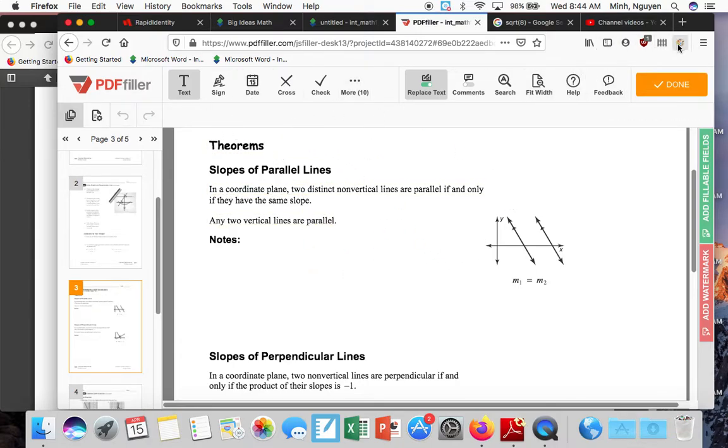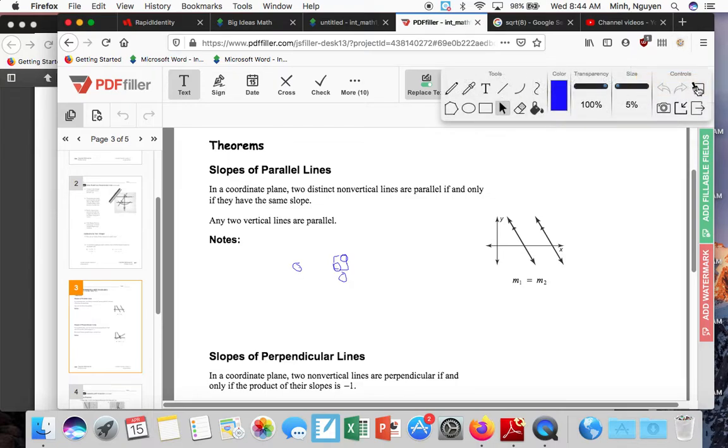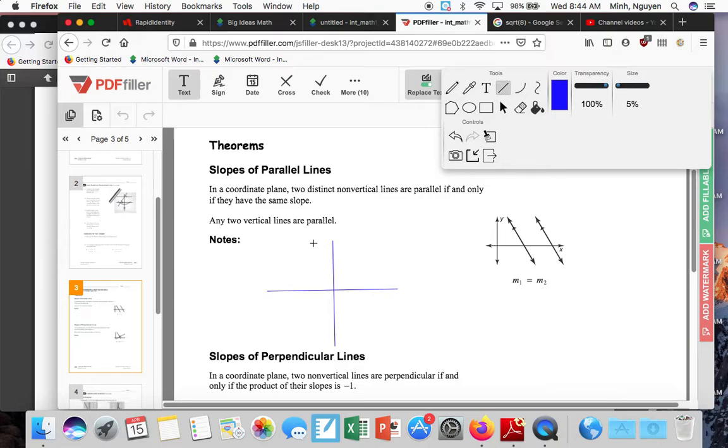Using a generic, let's see, if I had a graph like that, or a coordinate plane, you name any slope you want. It could be a fraction, could not be a fraction.